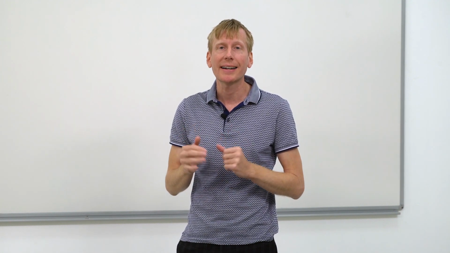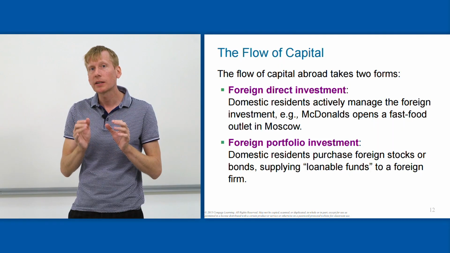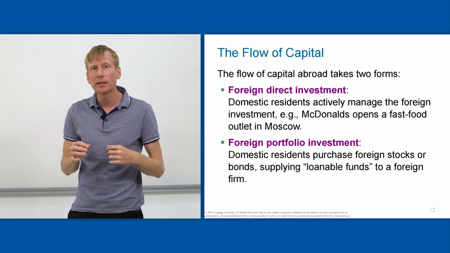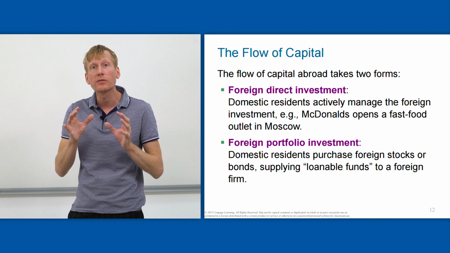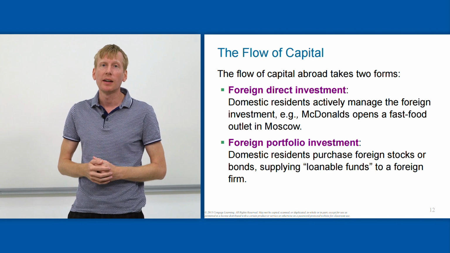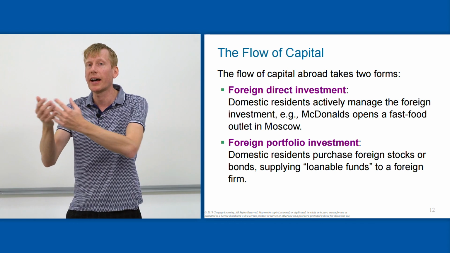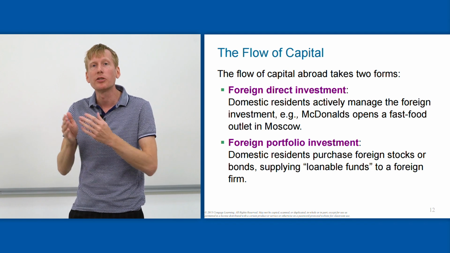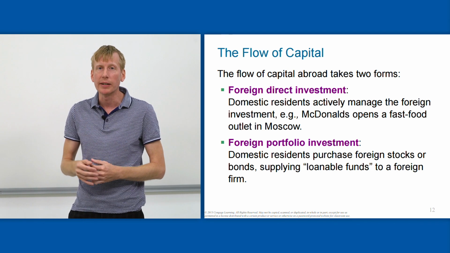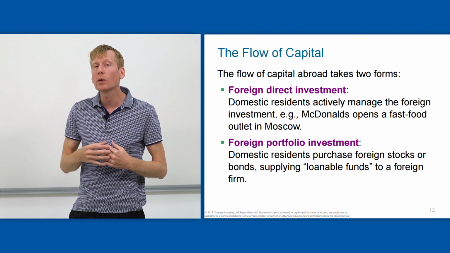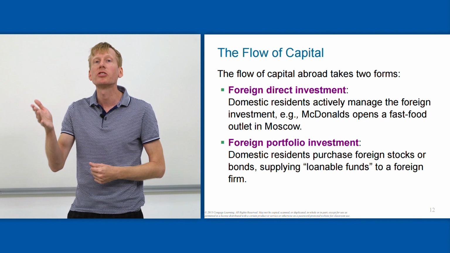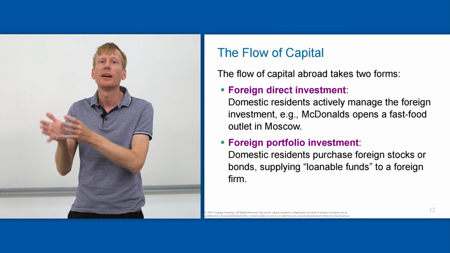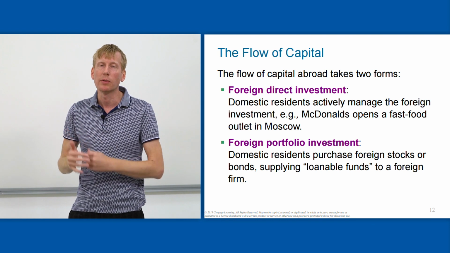We mentioned that there are two different types of investment by our citizens in foreign countries, or vice versa, one being foreign direct investment, whereby we build a factory in a foreign country, making a direct investment in that country, and the second being a portfolio investment, when instead of building the factory, we buy shares of a factory which is built by someone else with that revenue.